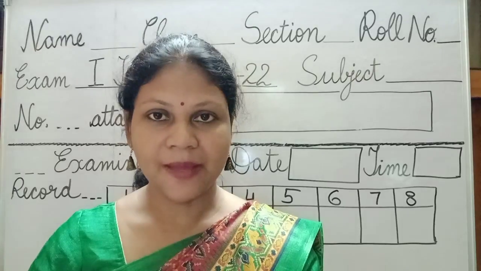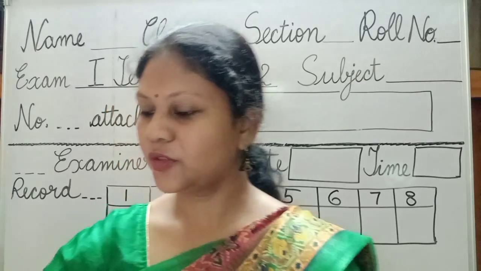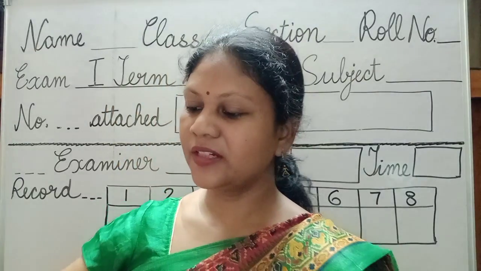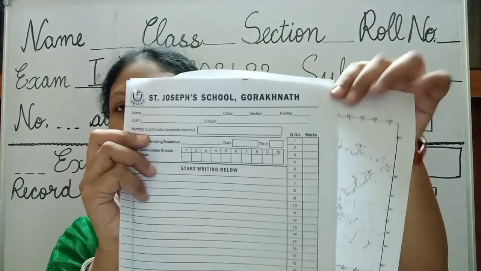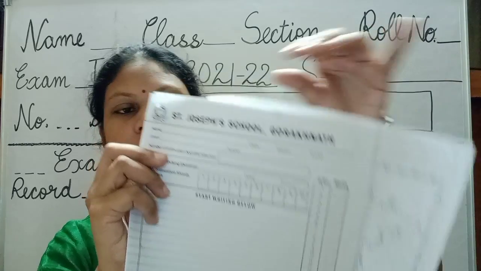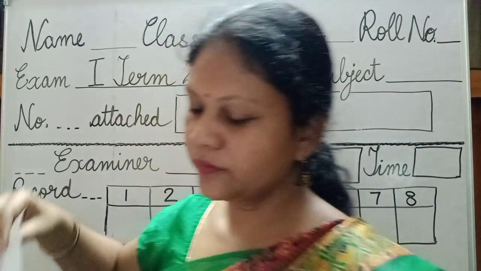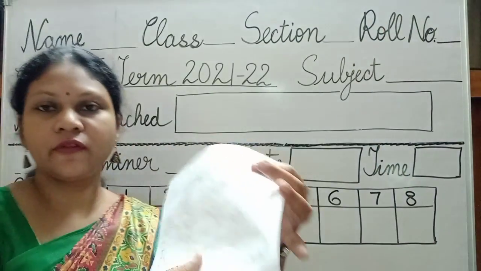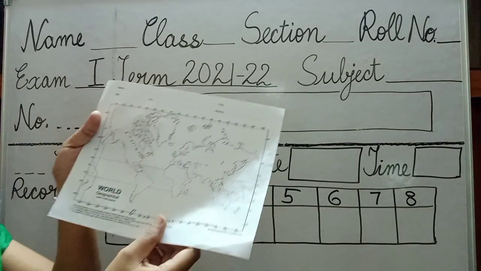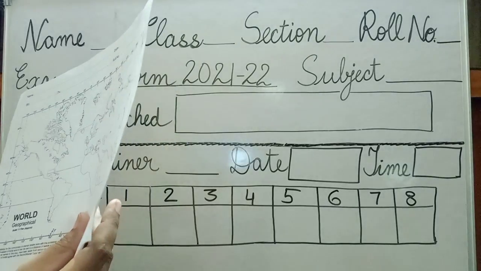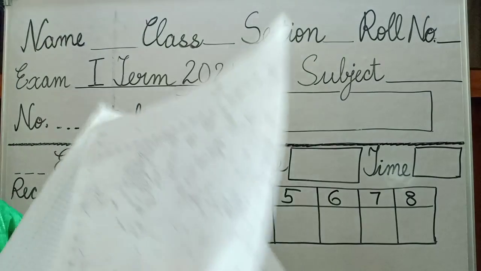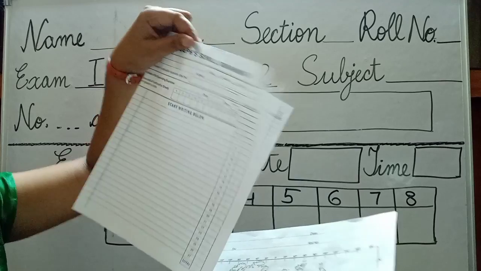How to tie the map? This is the next problem. So children, instead of tying the map at the end of all the sheets like this, this is the wrong way to do. So what you will do? On the day of your geography exam, if you are using a map, the map should be tied in between your A sheet.